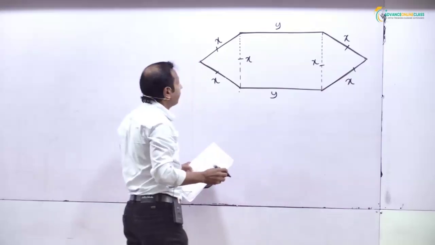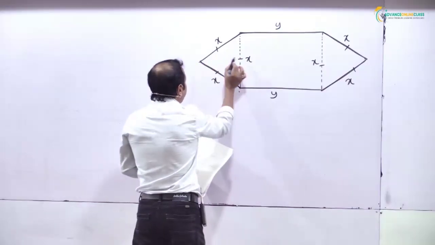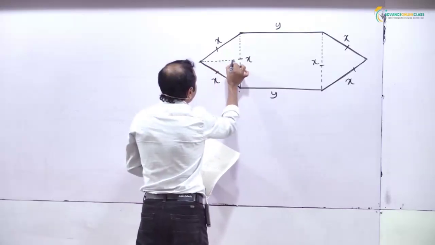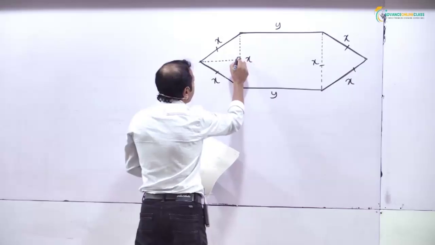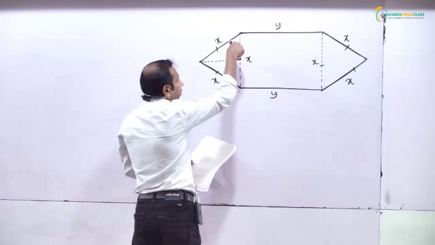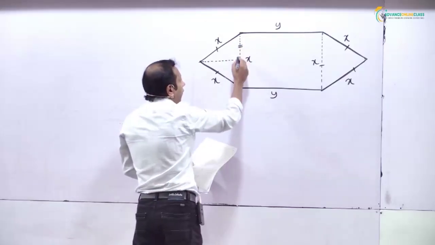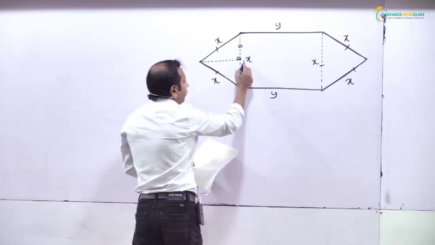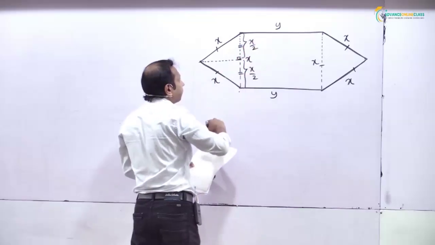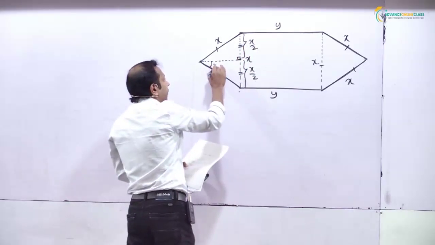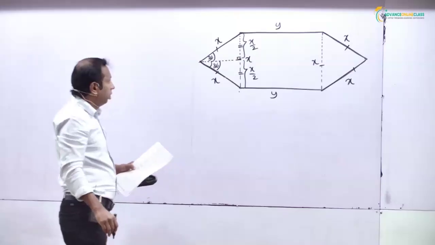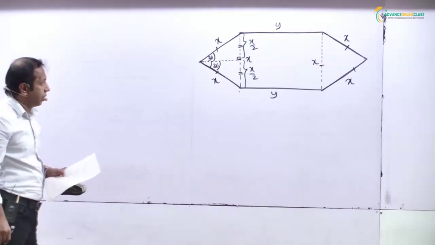Okay. Then, if I drop a perpendicular from this vertex to this side, the perpendicular foot will be at the midpoint of this side. It's going to be x by 2 because this is an equilateral triangle, and also this angle is 30, this also 30. This angle is bisected by the perpendicular. Right.